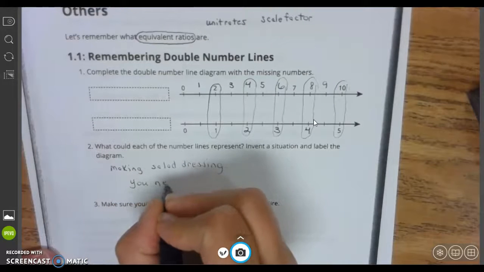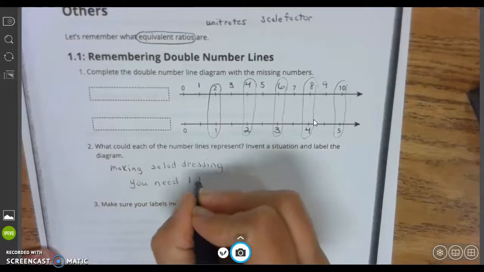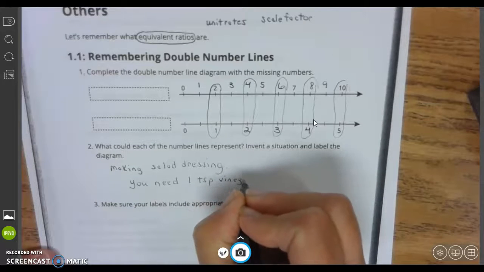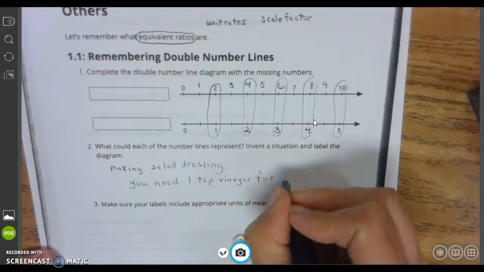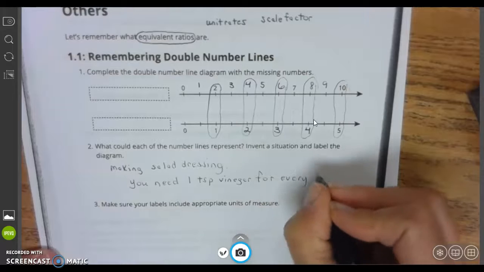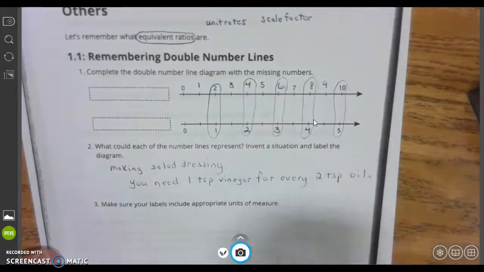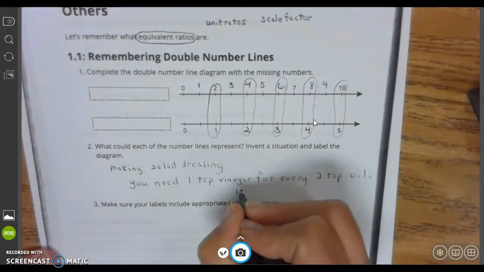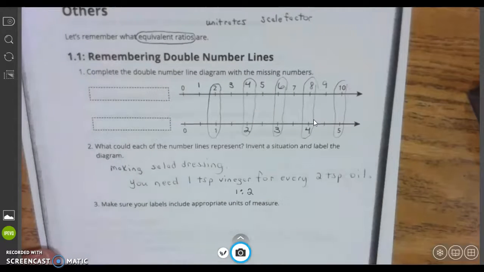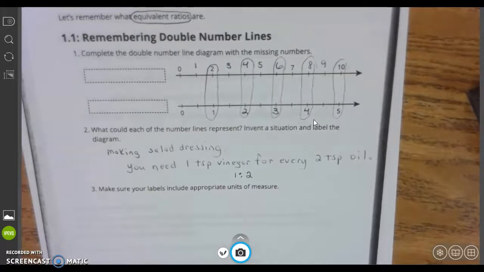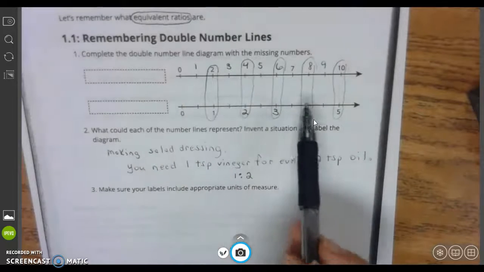You need 1 teaspoon of vinegar for every 2 teaspoons of oil. Okay, so that ratio is a 1 to 2 ratio, each one of those. Okay, so these are all equivalent ratios.